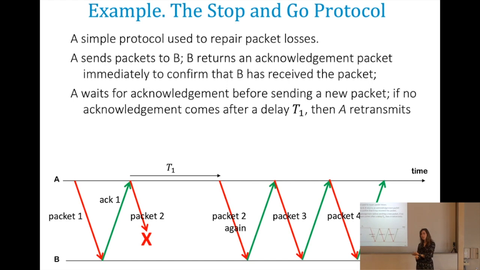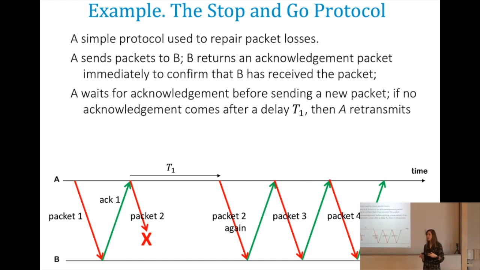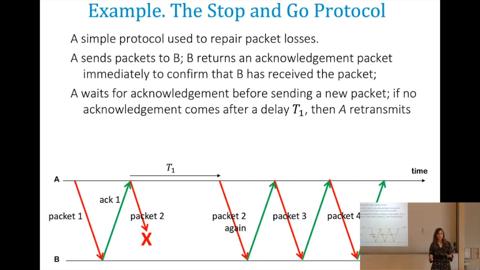Typically, there is the stop and go protocol, which does not achieve the best possible throughput. We will see why. This is a very simple protocol in which A sends packets to B, and B sends back acknowledgements to A for its received packets, and A does not send anything else to B until it has received an acknowledgement.